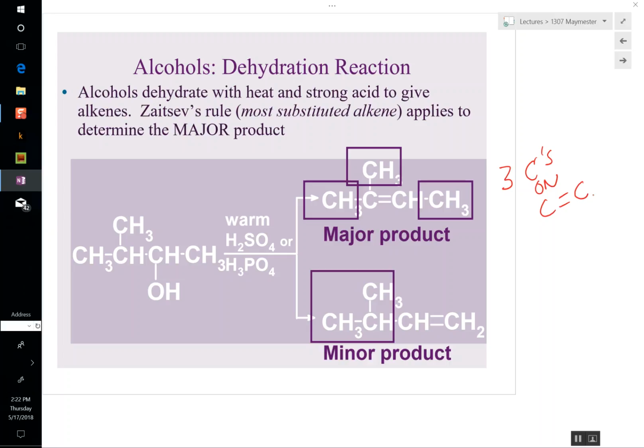There's only one carbon and one hydrogen here. This carbon has two hydrogens, no carbons attached to it. So there's one carbon on this double bond. This is your major product. This is minor. That's Zaitsev's rule regarding the dehydration of alcohols to form alkenes.